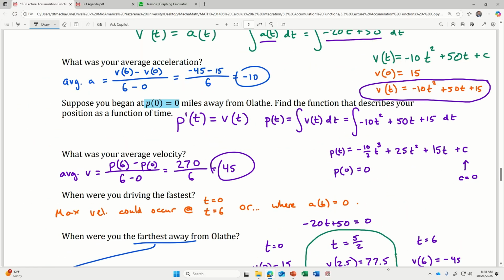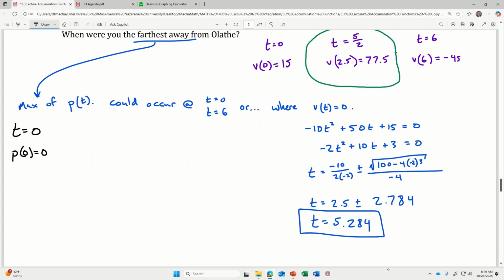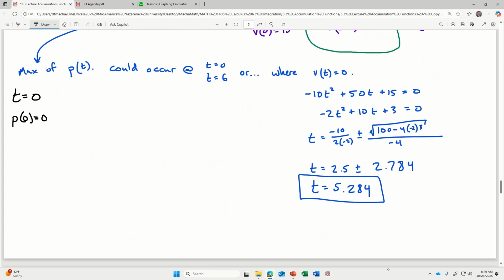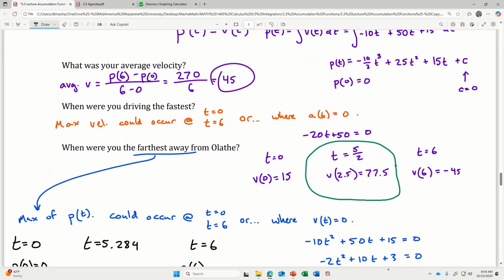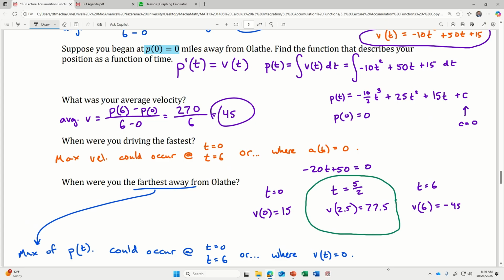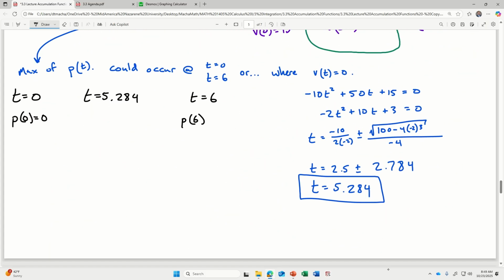We found that up in our blue highlight right there. Now, we try t equals 5.284 and t equals 6. By the way, we've already found the position at t equals 6. We did that earlier. 270. That's what we found earlier already.